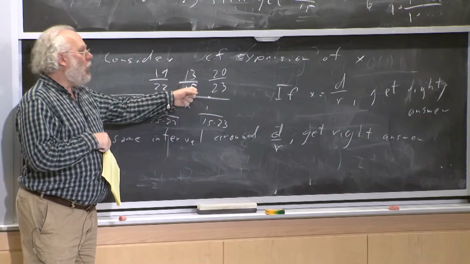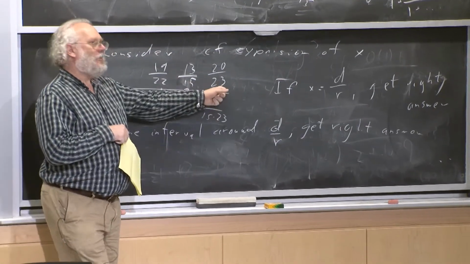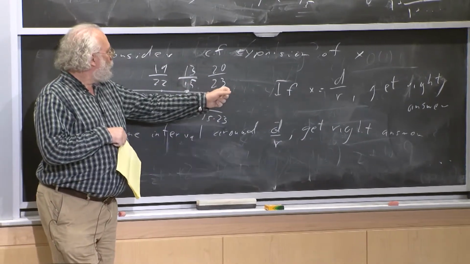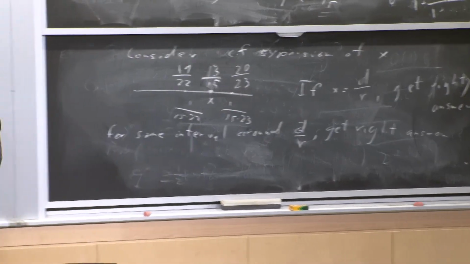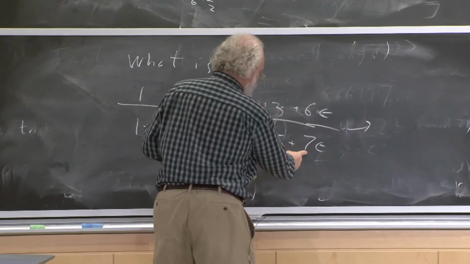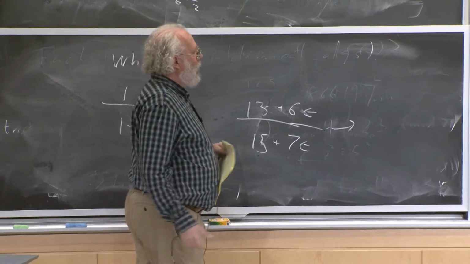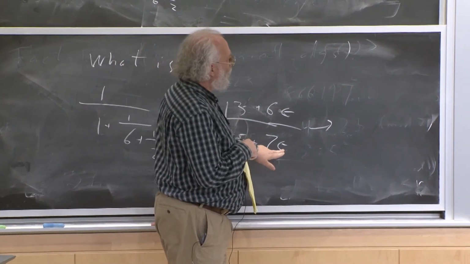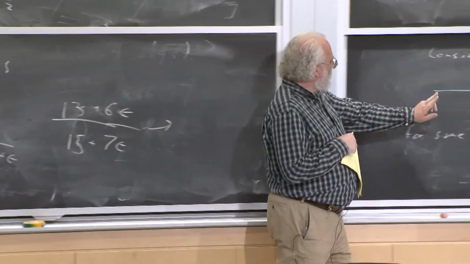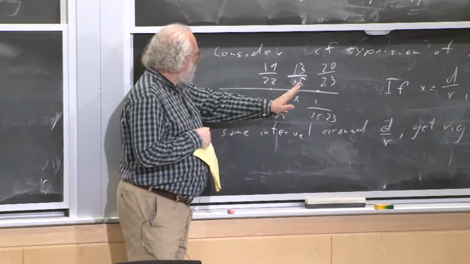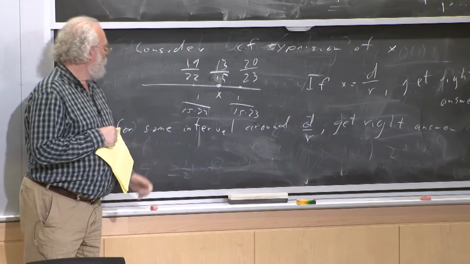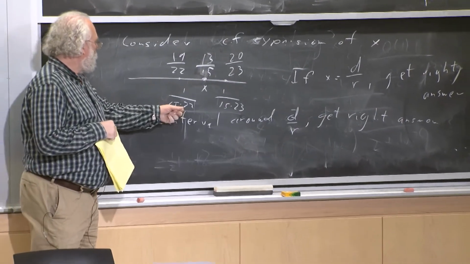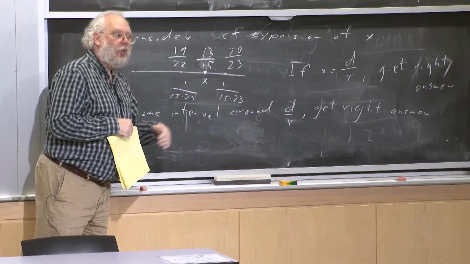This is R. This is actually less than 2R because it was 15 plus 7 times 1. And when you substitute in epsilon equals minus a half, then this has to be less than 3R. So this number is less than 2R squared, and this is less than 3R squared.